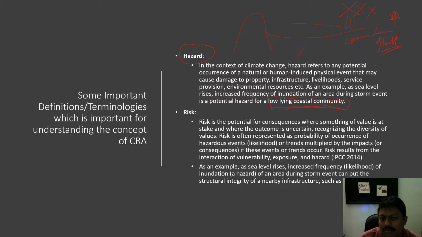Now, you see, this event can be due to natural causes or due to human-induced physical events. But the thing is, they can cause damage to property, infrastructure, livelihoods. Whenever they are damaging property, infrastructure, livelihoods, even economy, environmental resources, due to some event, that event comes under hazard.